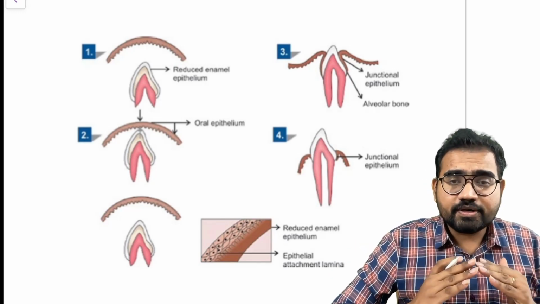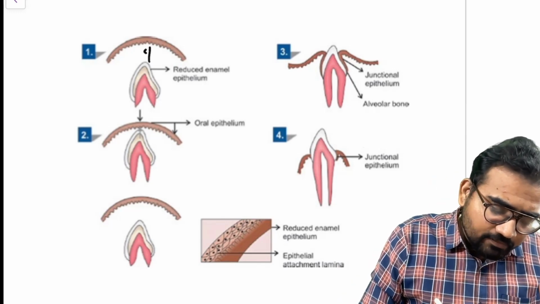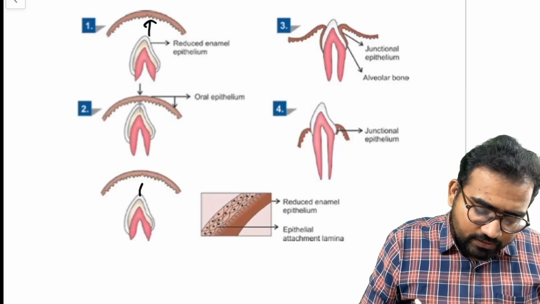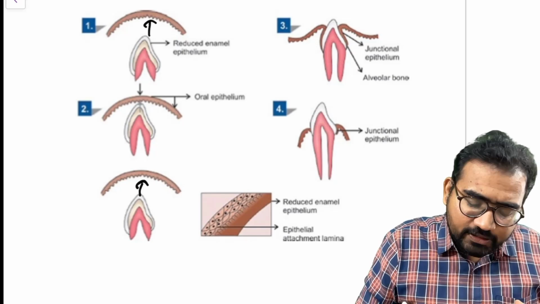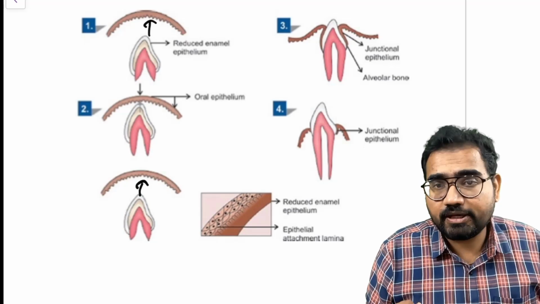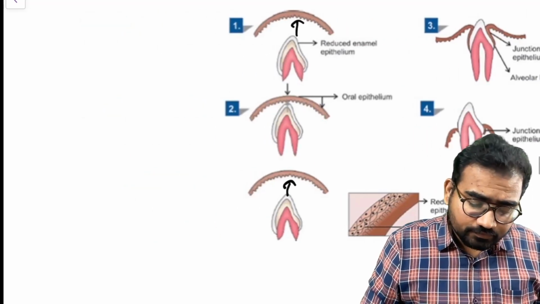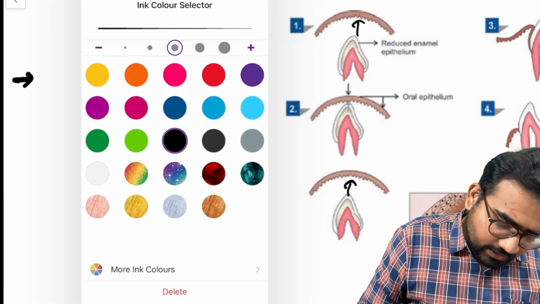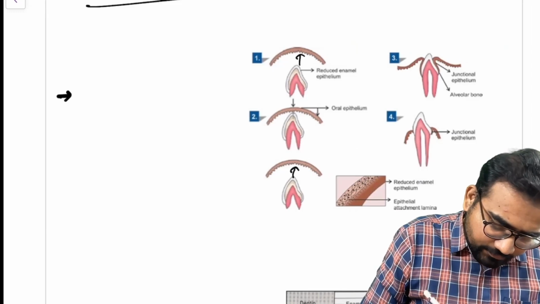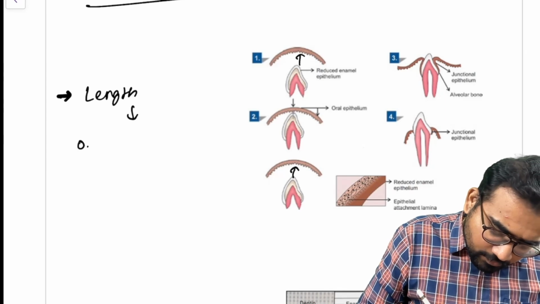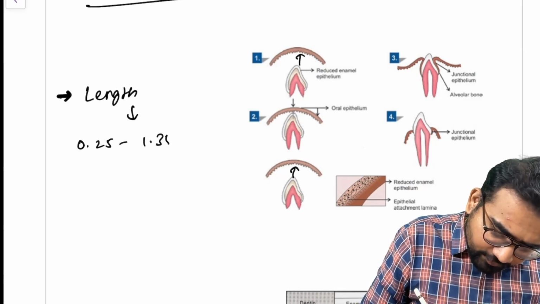These reduced enamel epithelium come in contact with the oral epithelium, and during the eruption phase, the oral epithelium gets converted into the junctional epithelium. A few facts about junctional epithelium: the length of the junctional epithelium is 0.25 to 1.35 mm.